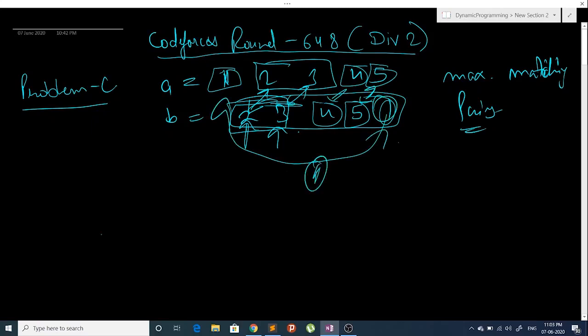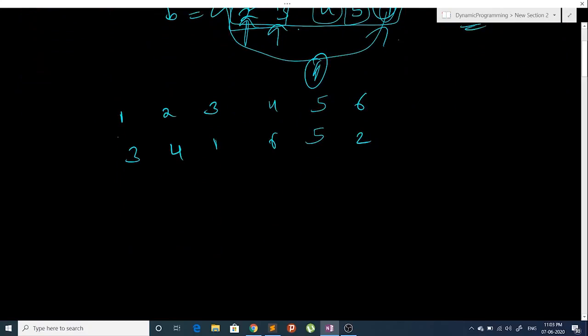Let's see another example. Let's say we have 1, 2, 3, 4, 5, 6, and we have 1, 2, 3, 4, 6 and 5. In the array we can see that the distance of this 1 from this 1 is 4, because I'll rotate my array like this. So distance is 4: 1, 2, 3 and 4.